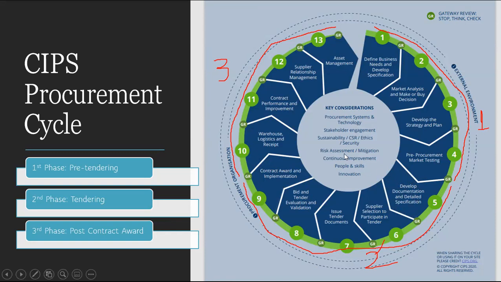But sometimes, like in the March 2021 questions, they may ask you to randomly list 5 stages and describe those stages. So learning the cycle by heart is necessary for exam preparation.